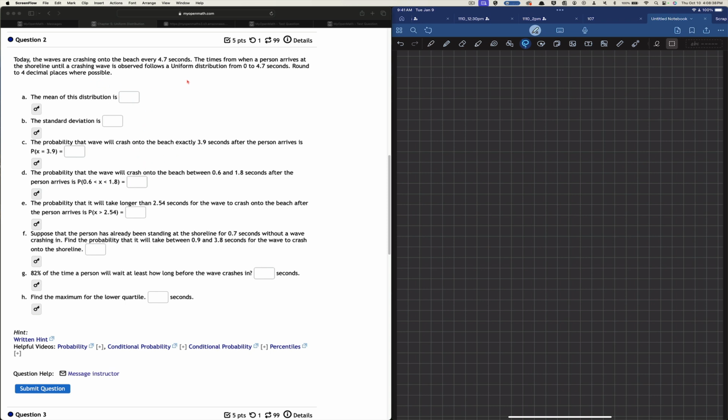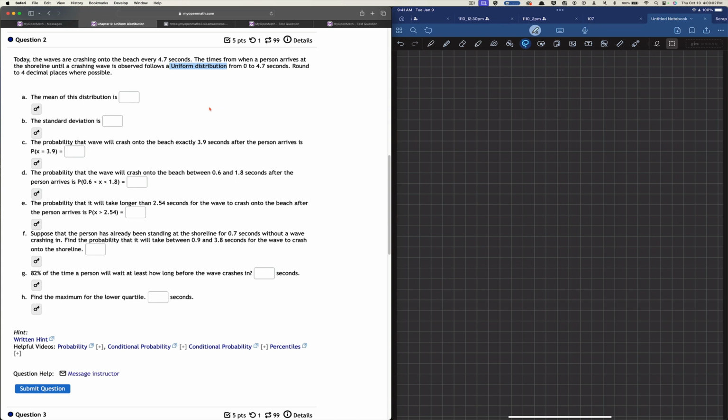So anyway, remember, if it's uniformly distributed, we're always going to be drawing a rectangle and calculating the area of the rectangle, because the area under the horizontal line, down to the x-axis, represents the probability of selecting some successful outcome, what we define as success.